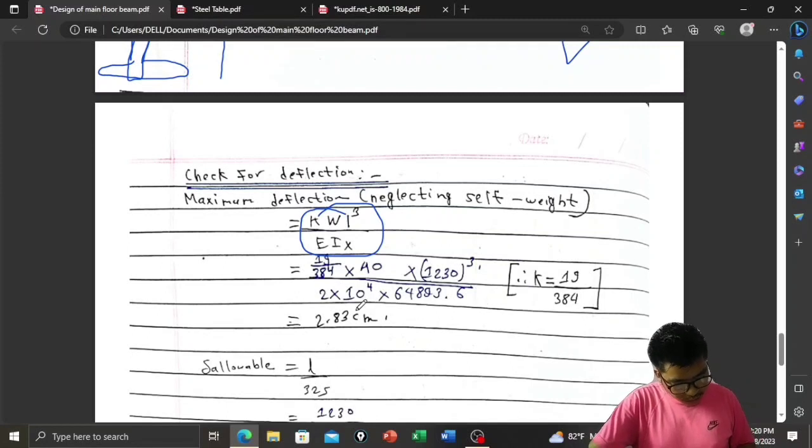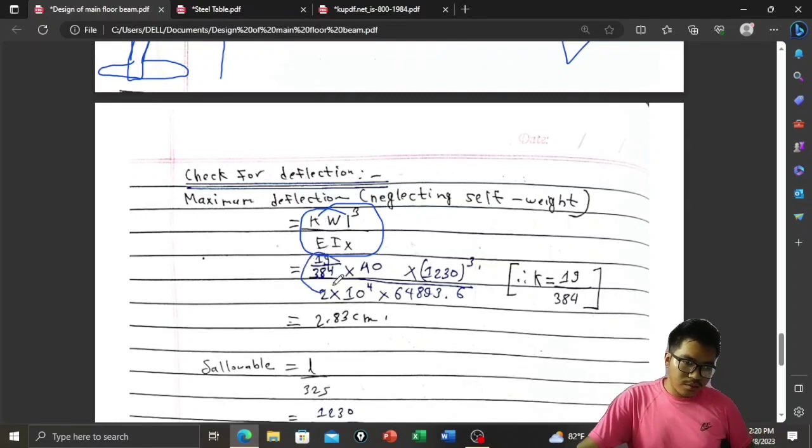This formula is given in the code of timber, 7.5.9.2 of page number 13. Del is KW L cube upon EIX. So K value is 19 by 384.